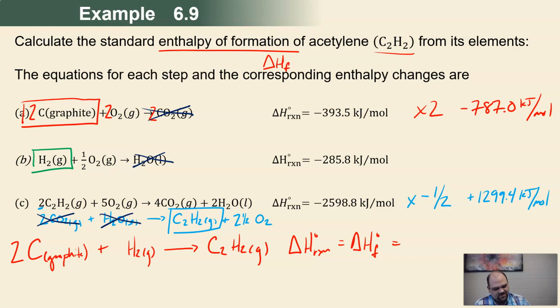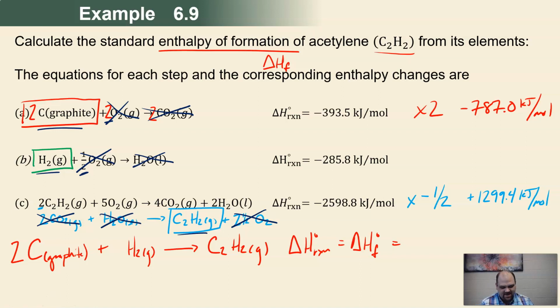I've got 2 moles of oxygen here and a 1/2 mole of oxygen here, both as reactants. I have 2.5 moles of oxygen here as a product. Those 2.5 moles cancel both that 1/2 and that 2. Okay? And so now that I'm sure everything adds up, I'm only left with what I should have, my graphite, my hydrogen, and my acetylene.